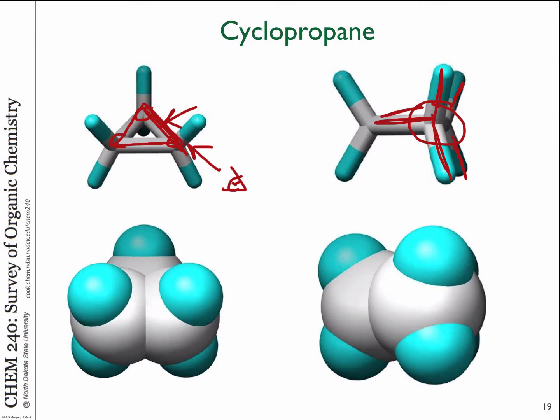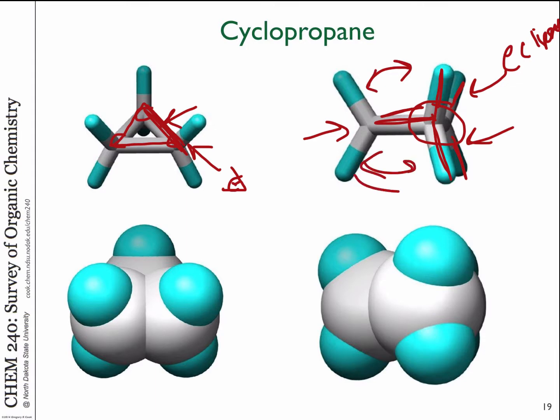With cyclopropane, every carbon-hydrogen bond here is overlapped or eclipsed with the one behind it. Okay, here, here. If you were to look down these bond angles too, you'd see those would be eclipsed, those would be eclipsed. So all of those bonds are eclipsing.